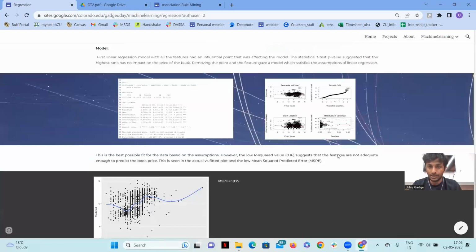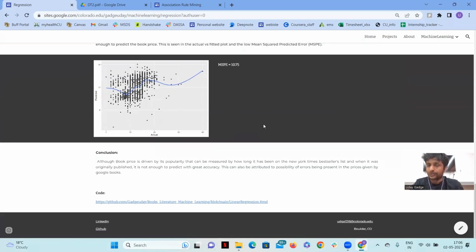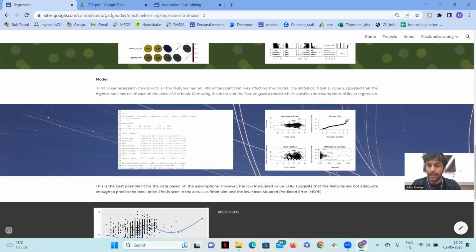I tried to predict it with the New York Times bestsellers rank, the number of weeks it has been on that list, and the genre it belongs to. But I couldn't really do a great job at it because, with the data that I have, it just means that New York Times bestsellers ranks do not determine the price of a book.